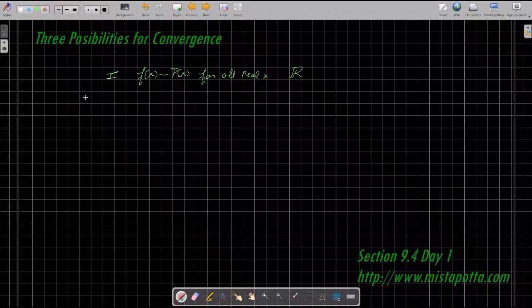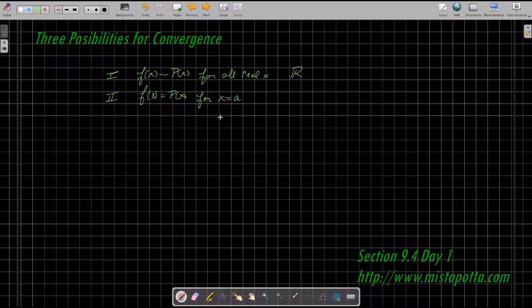The second case is really our worst case scenario: f of x is equal to my power series only for x equals some value of a. In other words, it only works for one particular value.